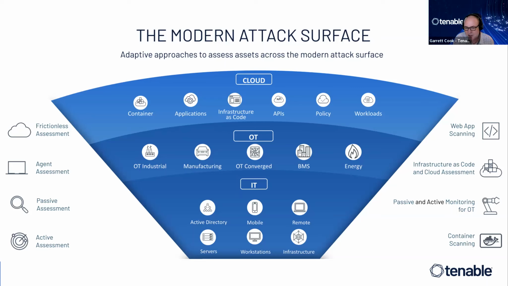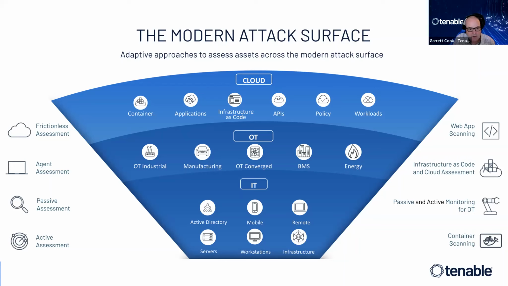Containers, applications, code, APIs, and all of the workloads across infrastructure as service providers and even private cloud, et cetera. This visualization here, I think, helps. If you look across the left and the right borders here, try to provide you a sense of the specialized sensors that we use to tackle all of this modern attack surface.